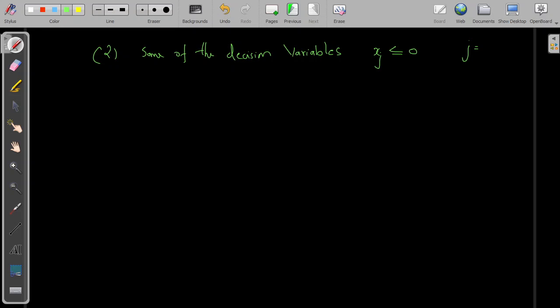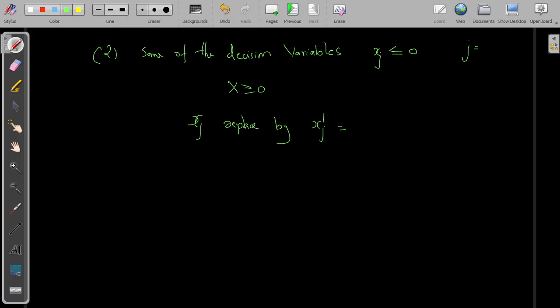But in the standard form of an LPP, we should have all non-negative values for the decision variables, that means capital X must be greater than or equal to 0. So you have to convert this also into our standard form. What we will do is replace the variable xj by xj dash.